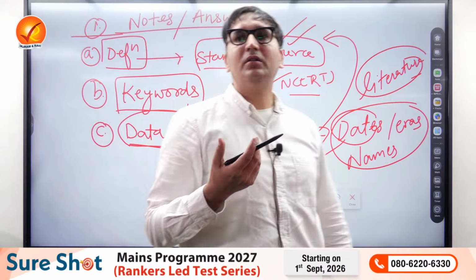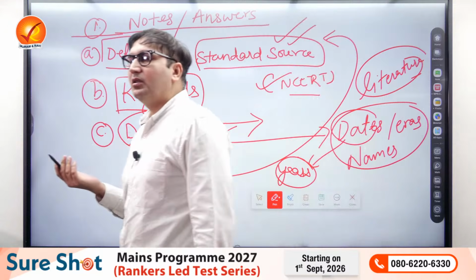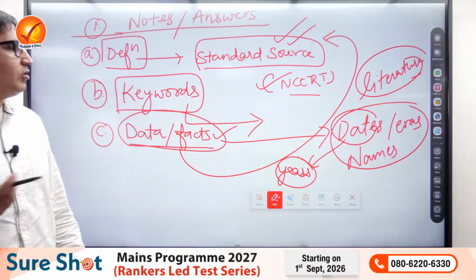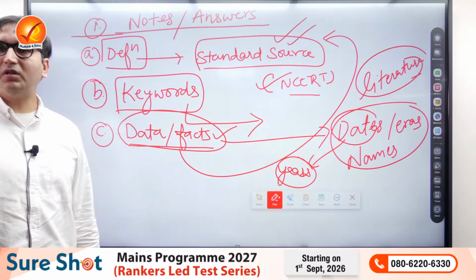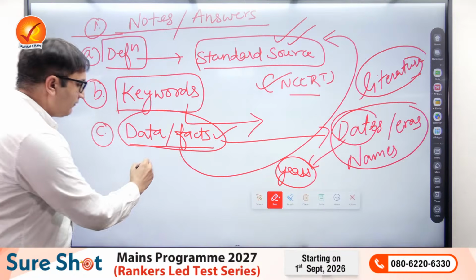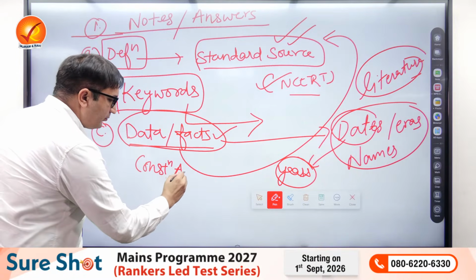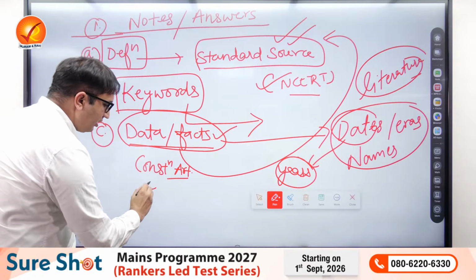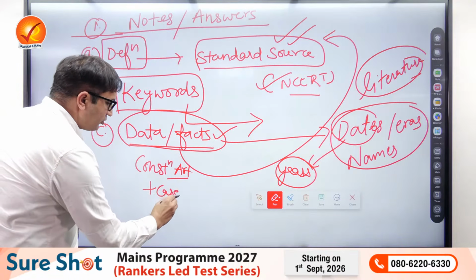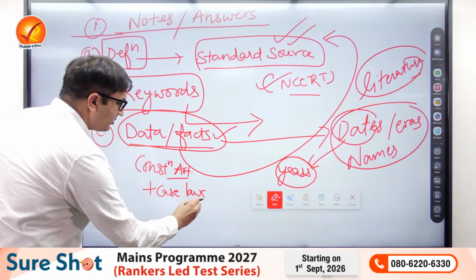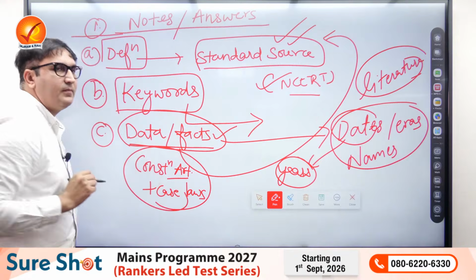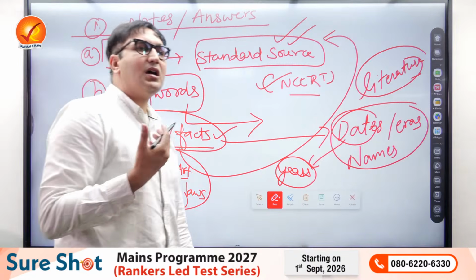Apart from that, when we come to polity or GS paper 2, if you are not talking about history, then what will the data be? Data will be constitution articles. In polity, this is the most important data along with case laws, which are Supreme Court judgments. These days, UPSC is asking directly.